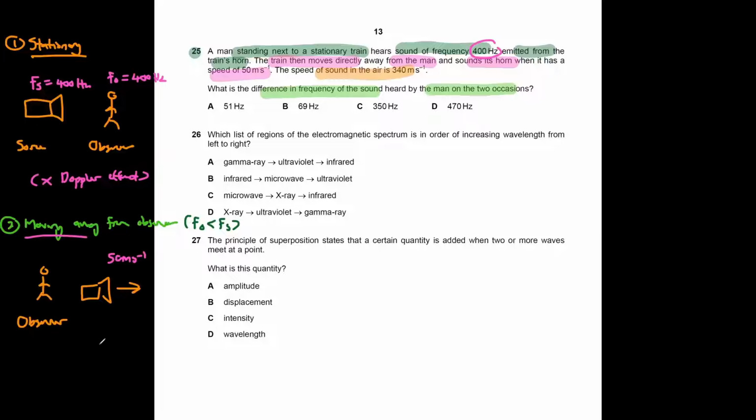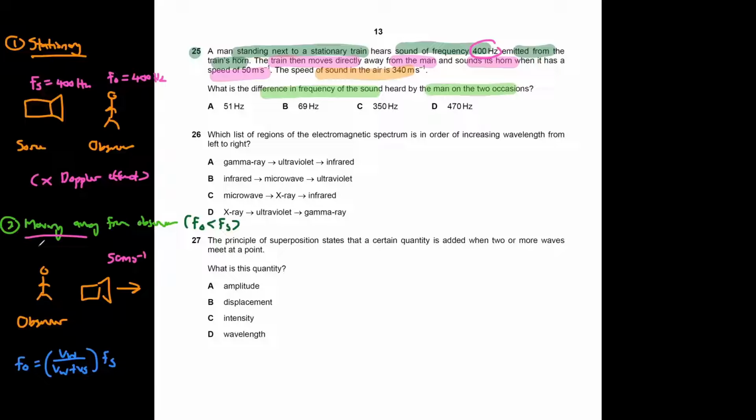Okay, so in your case, you will need to use the equation f_o equals v_w over v_w plus v_s, times f_s. This one will give you your observed frequency right now.